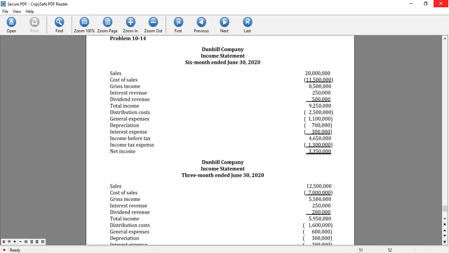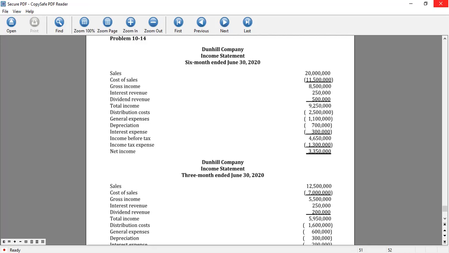Take note that the figures given above are good for 6 months beginning January 1 up to June 30. The figures given above are only good for the interim income statement for the quarter ended March 31. Okay, so we have now the interim income statement that's good for the second quarter of 2020.